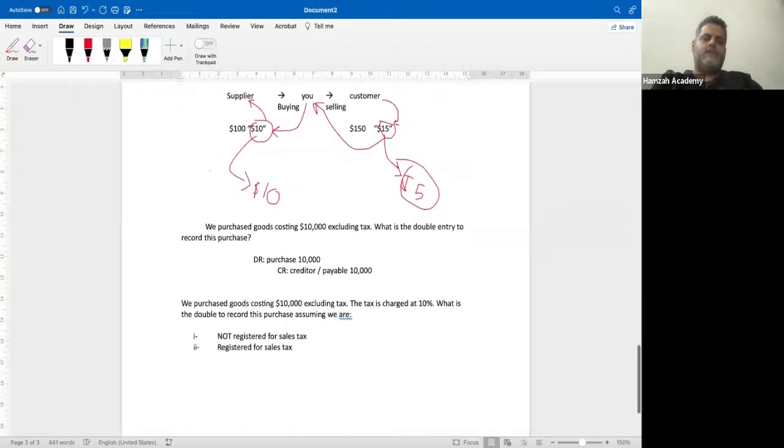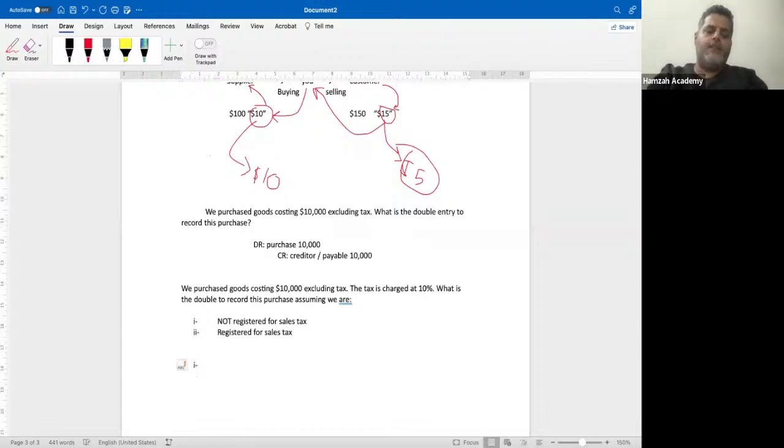Registered for sales tax, right? Now, if we are not registered for sales tax, then simply debit purchase and credit payables.